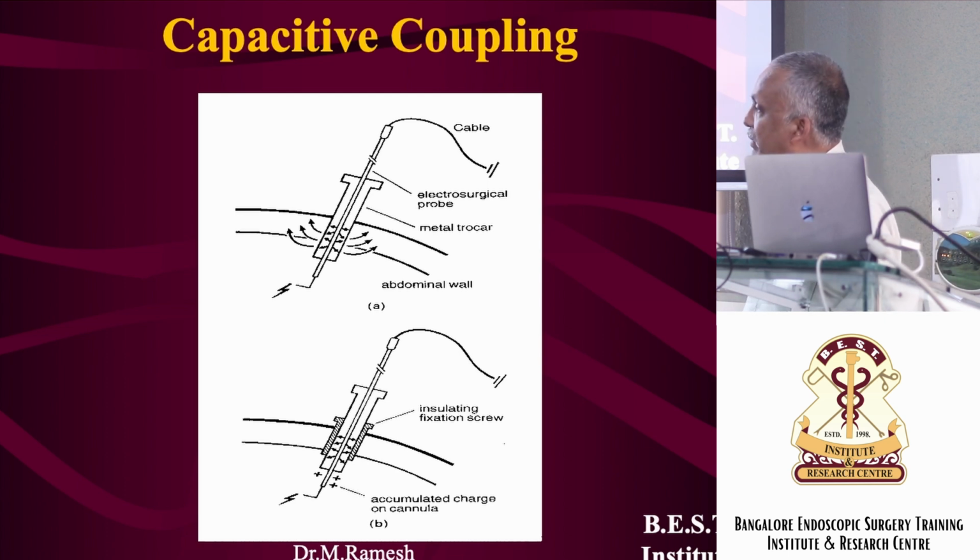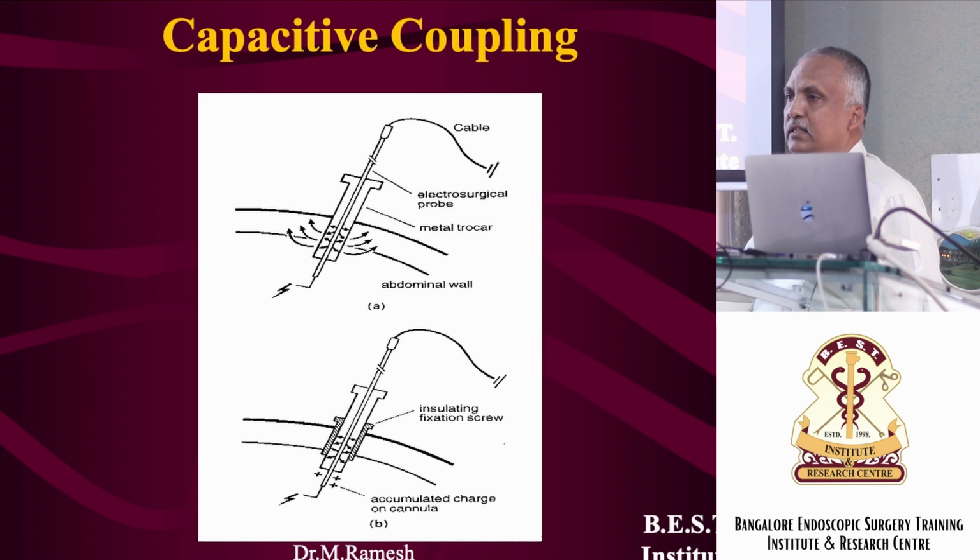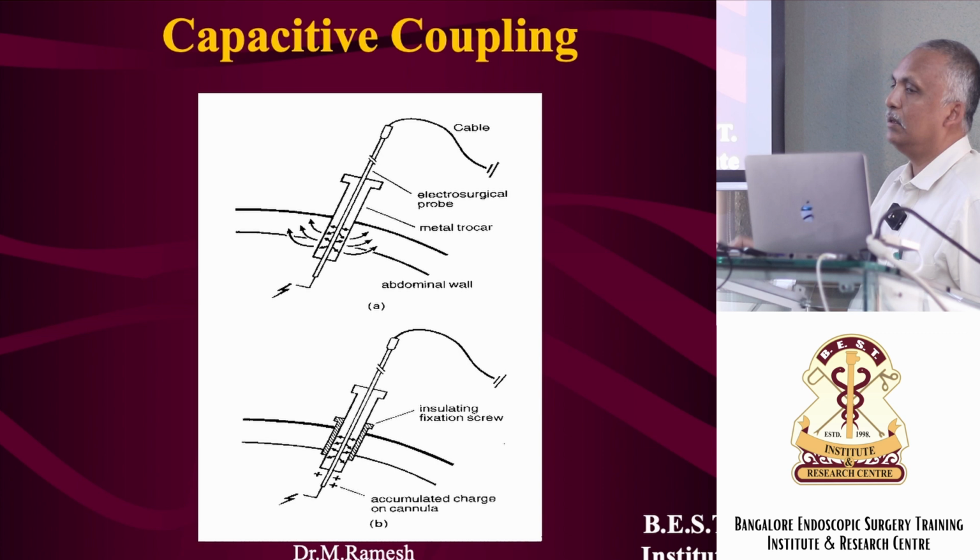This is called capacitance, meaning there is holding, the capacity is increasing, the electricity builds up in the reducer, and suddenly the patient starts bucking, or there is peristalsis and the intestine comes and touches the reducer. There is a burst of energy that goes into that place, and then there is a burn in that place, and that is called capacitive coupling.